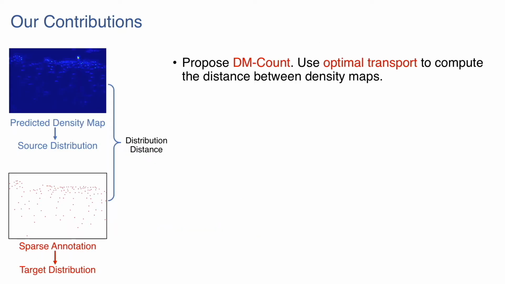In this work, we consider density maps as distributions and propose DM-Count for crowd counting. Our approach does not need any Gaussian to preprocess the ground truth annotations. We treat the predicted density map as a source distribution and the ground truth annotation as a target distribution. We use optimal transport to compute the distance between density maps.